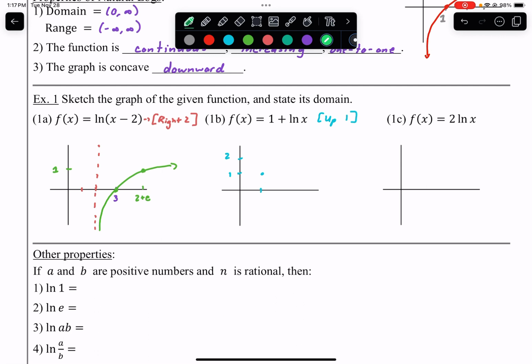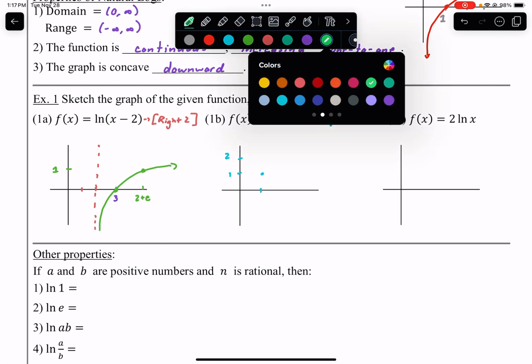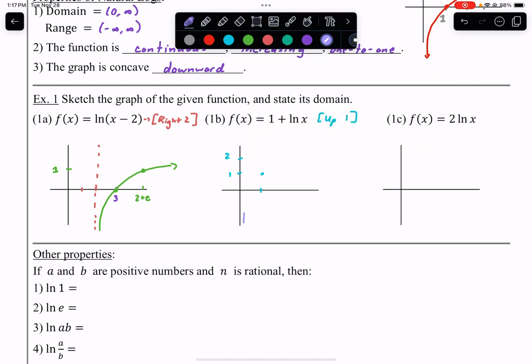Vertical asymptote still here. So a little bit of a shift upwards. You'll notice I'm not going through the point (1, 0). The point (1, 1) is now what exists on this graph as I shift up.